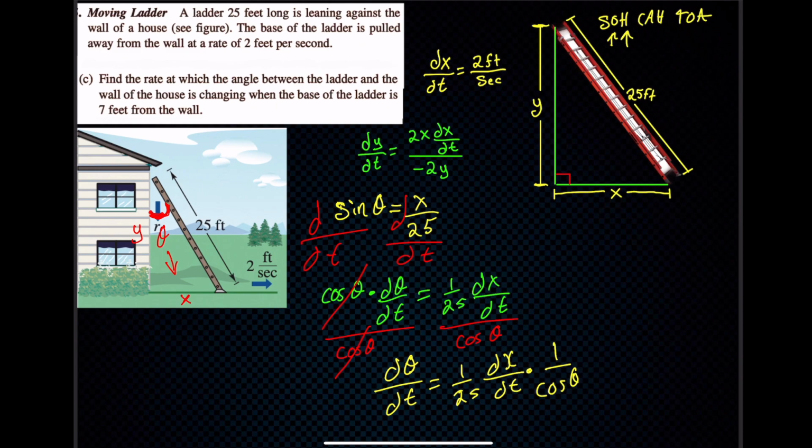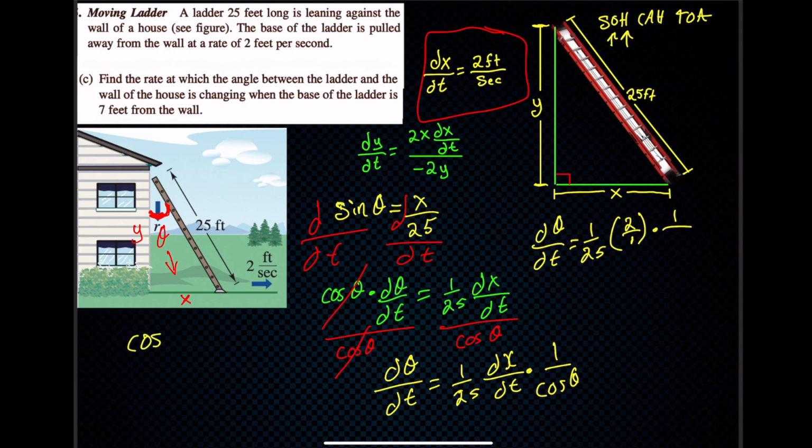So we have, I'm going to illustrate that here, d theta/dt is equal to 1 over 25. The change in x is simply 2 feet per second, as you can see here. And that's times 1 over cosine theta. And cosine theta in our problem, as you can see here, cosine is adjacent over hypotenuse, so cosine theta equals y over our hypotenuse, which is 25.